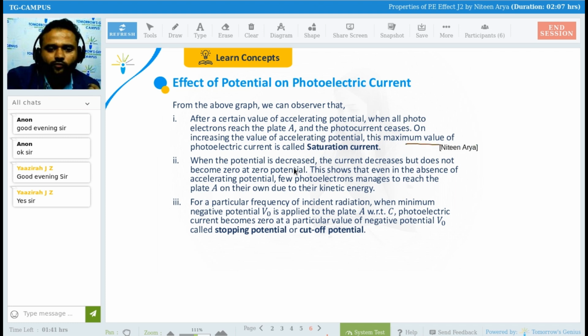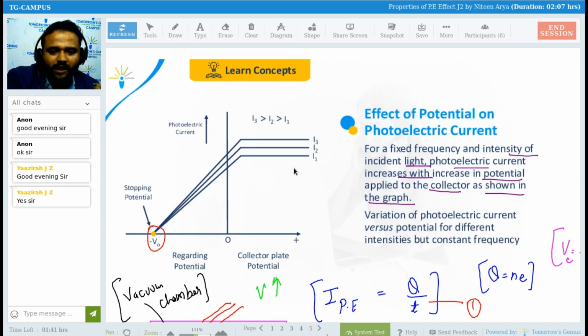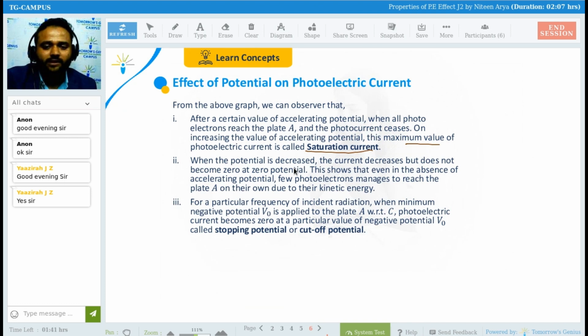The maximum value of photocurrent is called saturation current. As you can see, after increasing to a certain point, each particular current reaches a saturated point. Even at a higher range, they become saturated. So that is what is written over there.